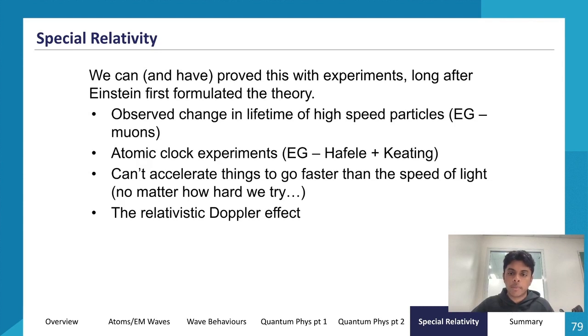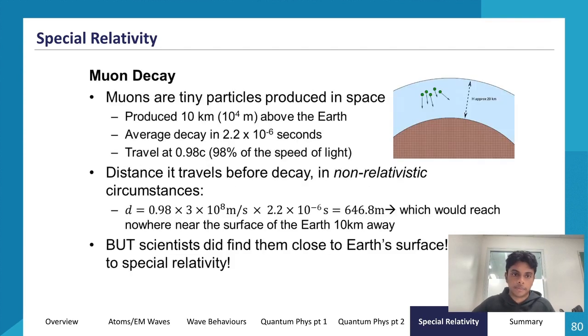To achieve a momentum that allows us to reach the speed of light or go faster, we need infinite energy, because as we approach the speed of light, the amount of energy we need to supply for that object to reach the speed of light is infinity, which obviously violates the law of conservation of energy. And then we also have the relativistic Doppler effect. So that's how we supported and proved Einstein's theory of special relativity.